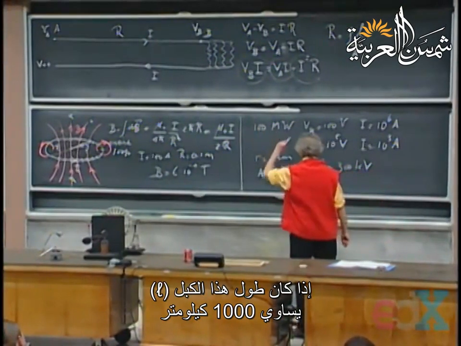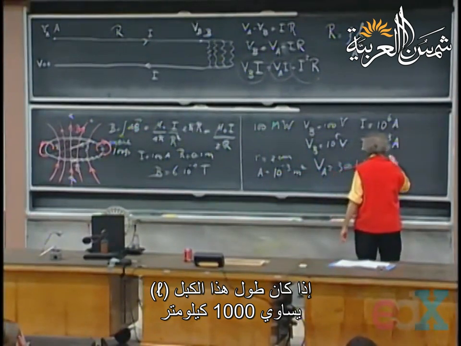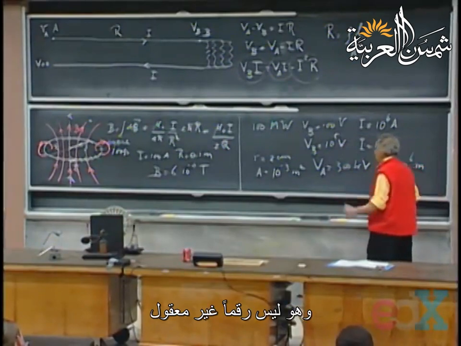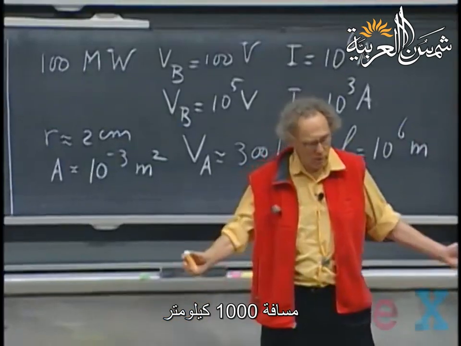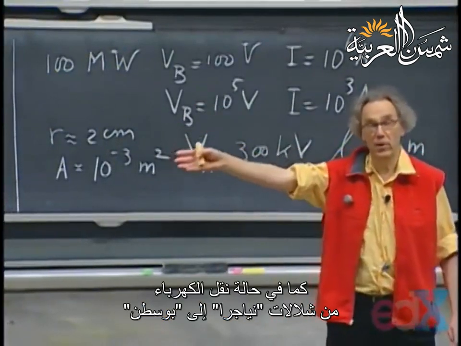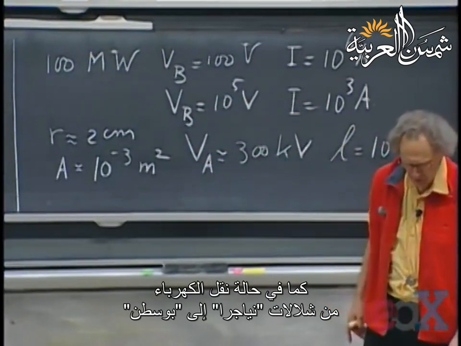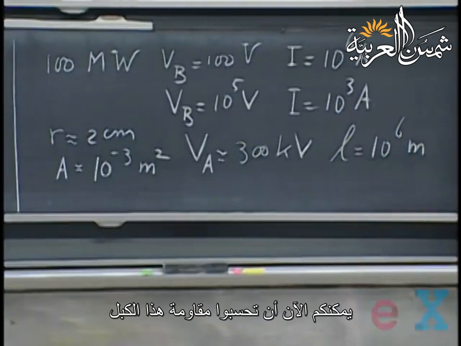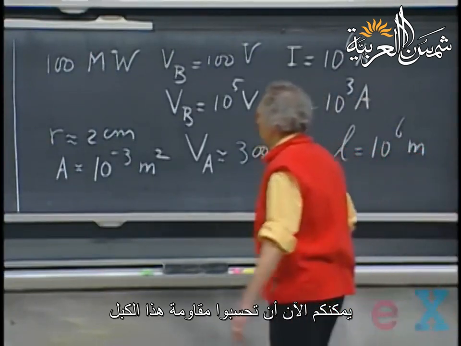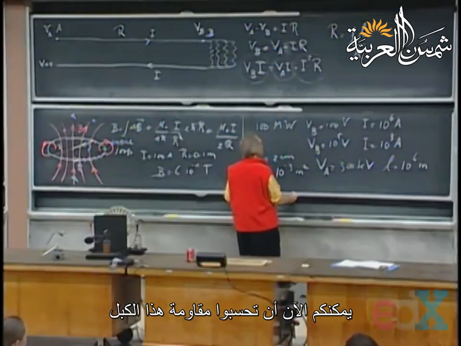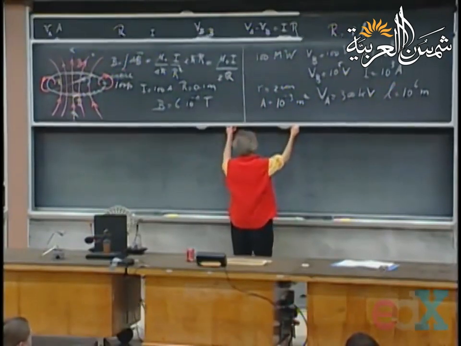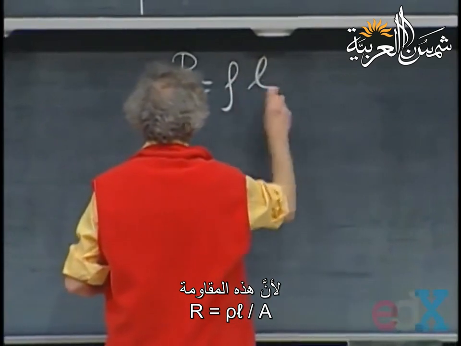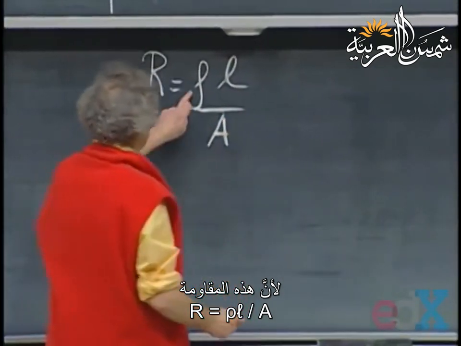If the length of that cable, L, were something like 1,000 kilometers, not an unreasonable number, a 1,000-kilometer distance if we get our electricity from the Niagara Falls to Boston, you can calculate now what the resistance of that cable would be. Because that resistance R equals rho times L divided by A.